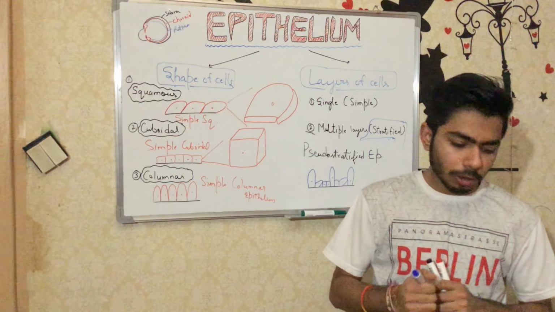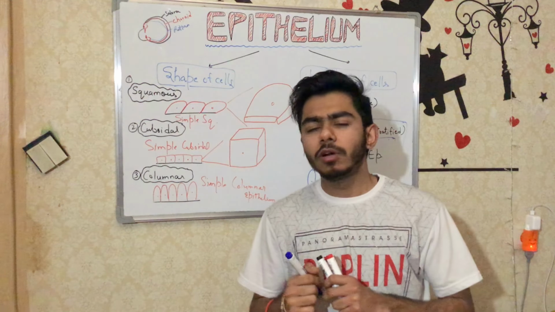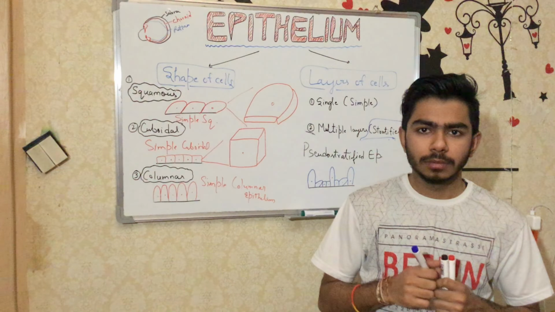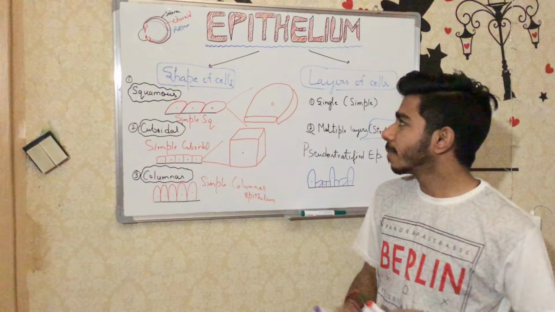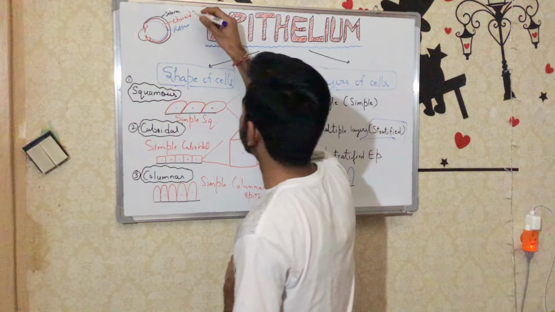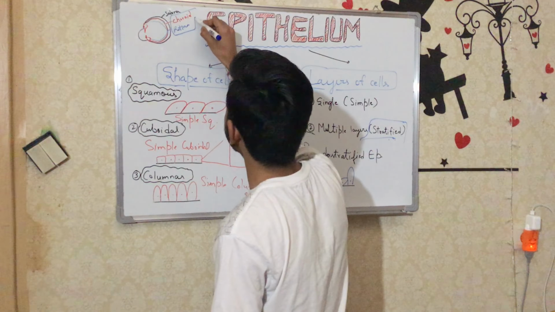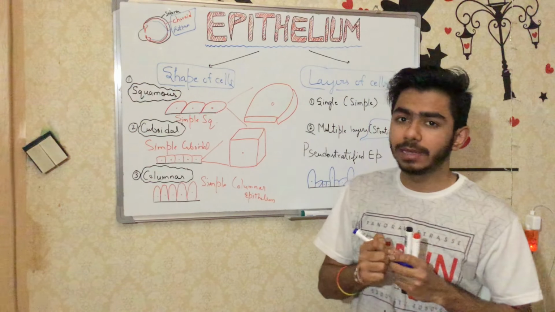They could also be found in the follicles of the thyroid gland. So in the PCT, proximal convoluted tubules of the kidneys, in the pigmented layer of the retina and the choroid plexus, and also the inner surface of the lens.